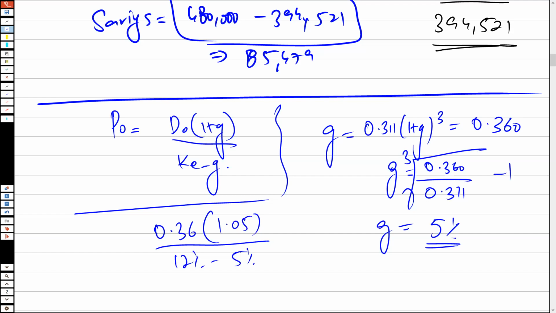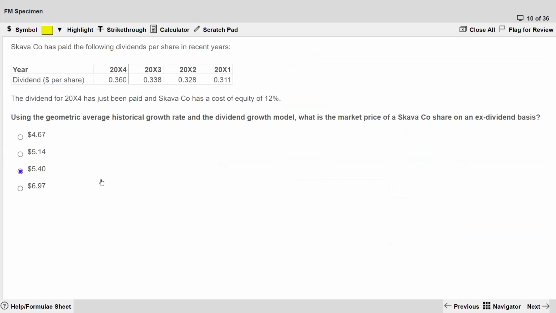So what's the share price, please? 5.4. Okay, so you get the share price to be 5.4.